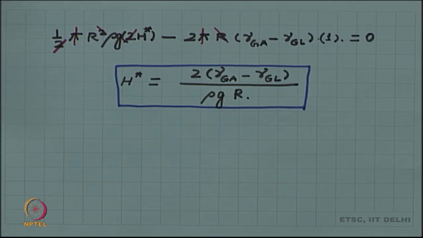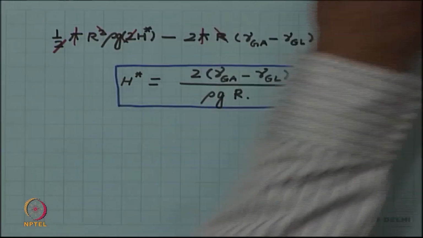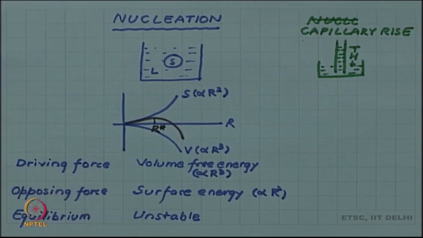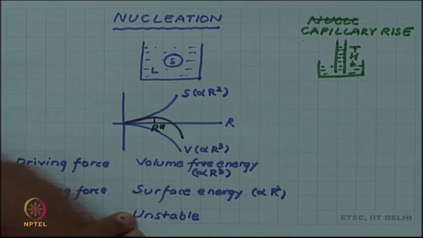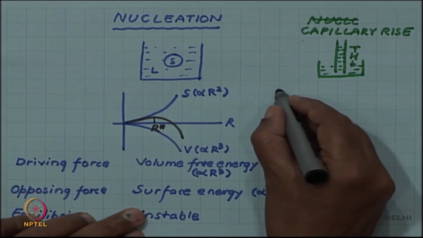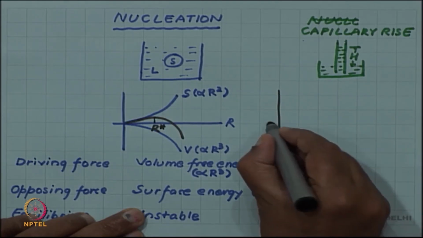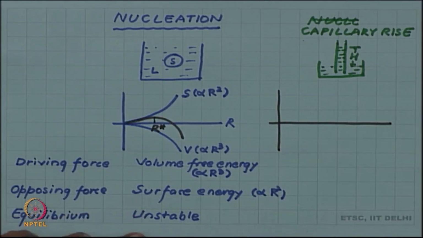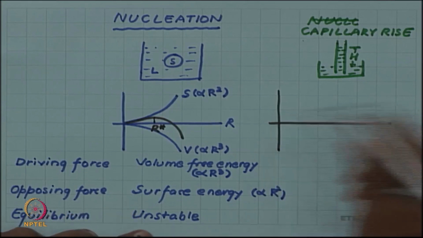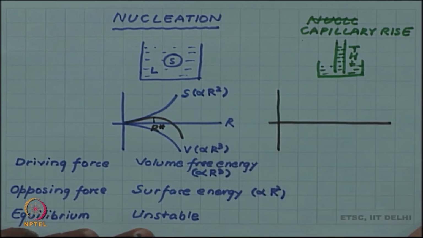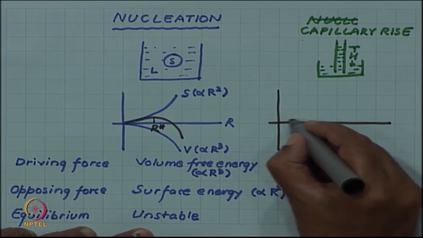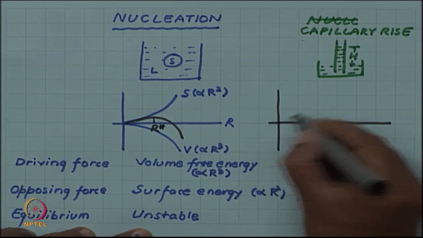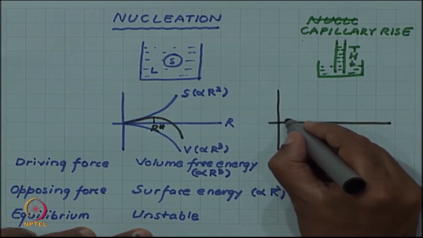So, we can now complete our analogy with the nucleation. So, if we bring it here now, we see that we have a similar energetic curve for capillary rise. Only thing is that the role of surface and volume term now changes. So, it is now the volume term, because that is the potential energy which is increasing.